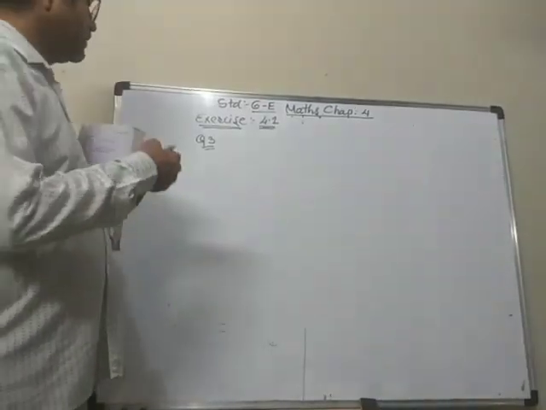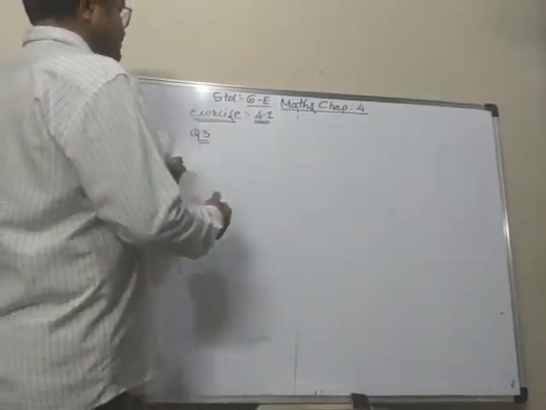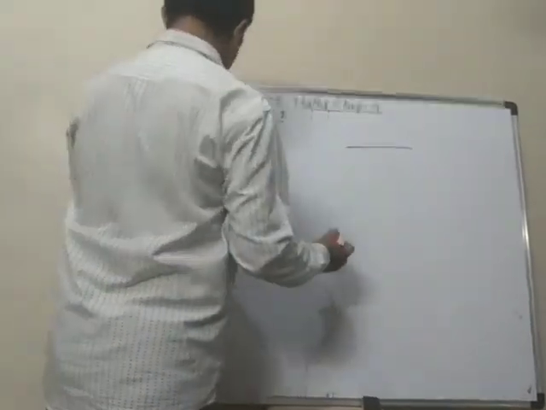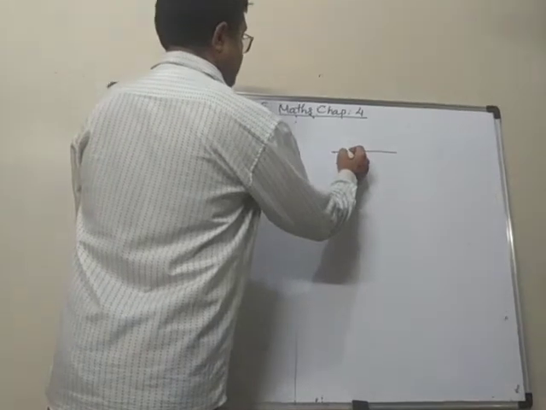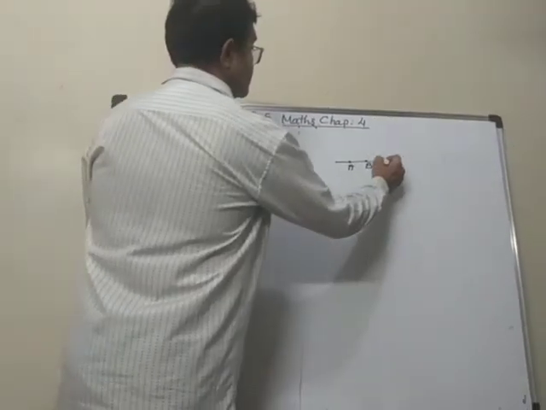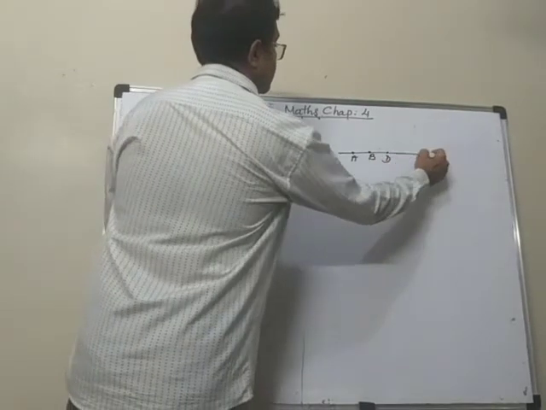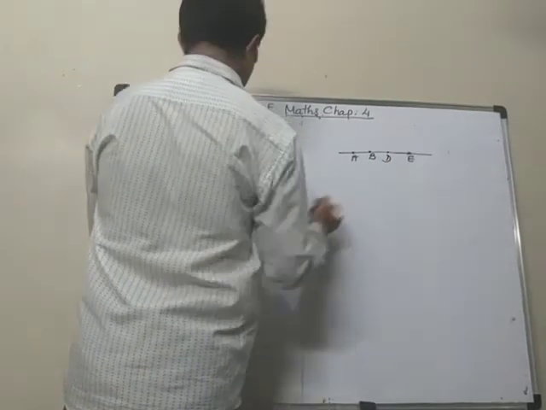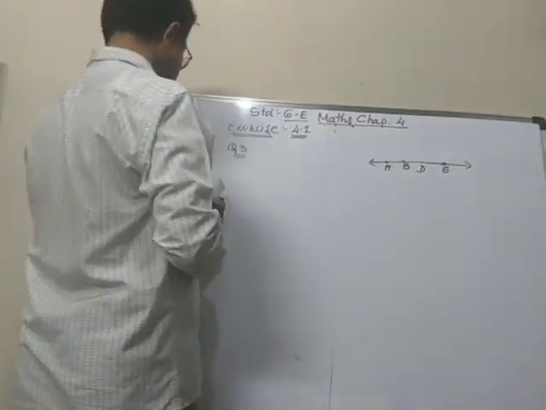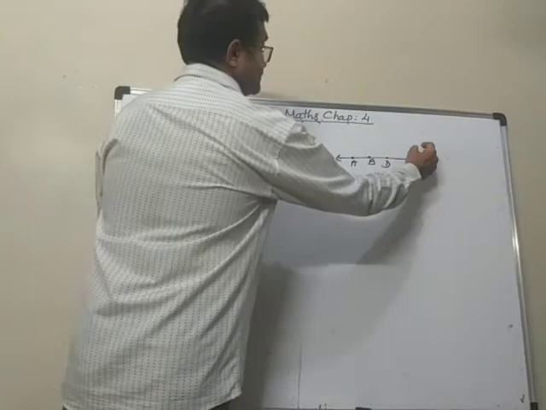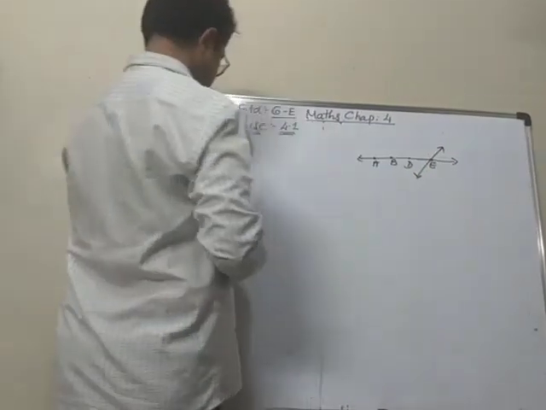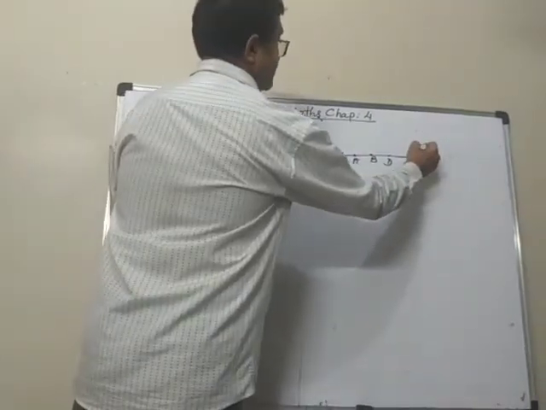Number 3. There is also a figure given. The figure is like this. Points A, B, D, and E are on this line. Then from E, there is a point F here.